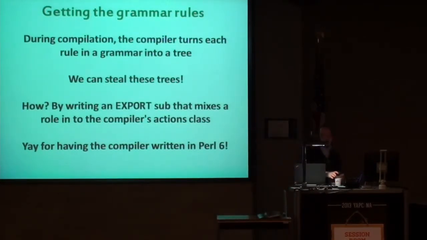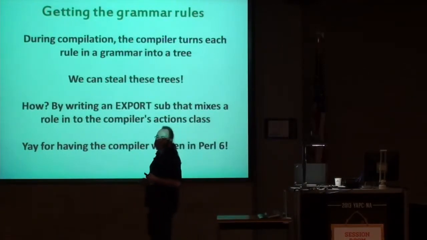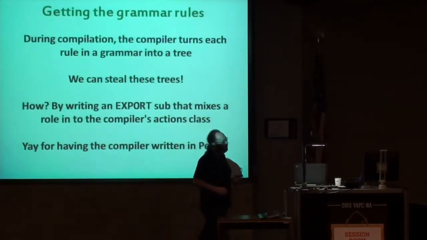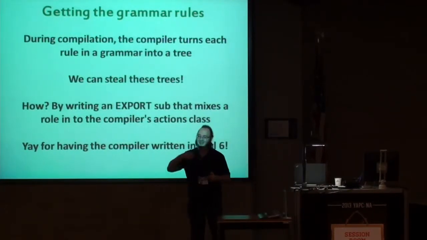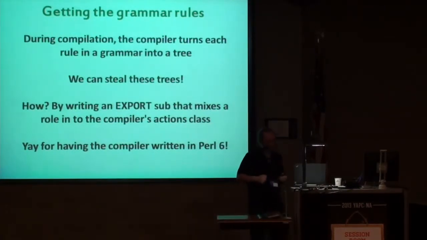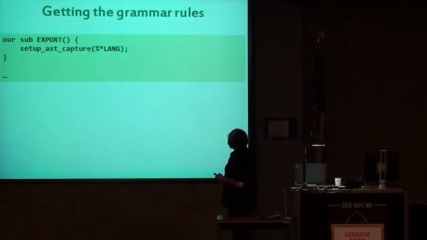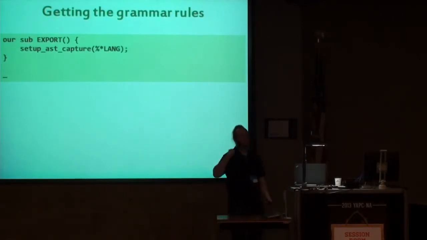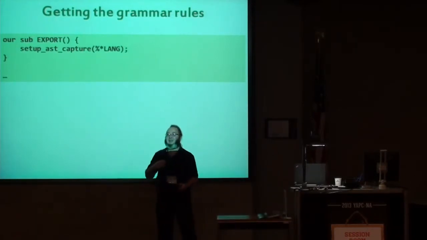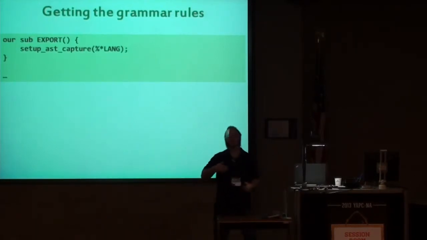So the question is, how the heck do you do that? Well, the compiler is written in Perl 6, and when we're parsing, it sort of is in the dynamic scope. So what happens if we write an export sub, and this is something that gets run at the point we do a use of a module, and we pass in %lang, which is the current set of languages that we're parsing.